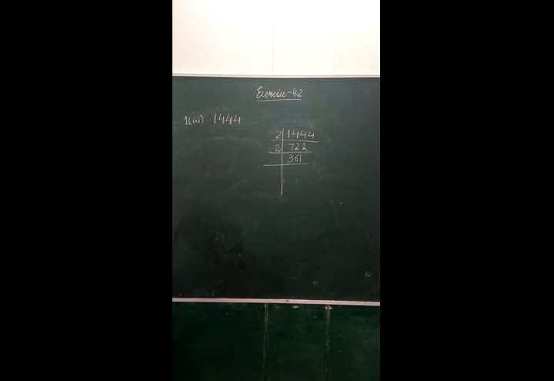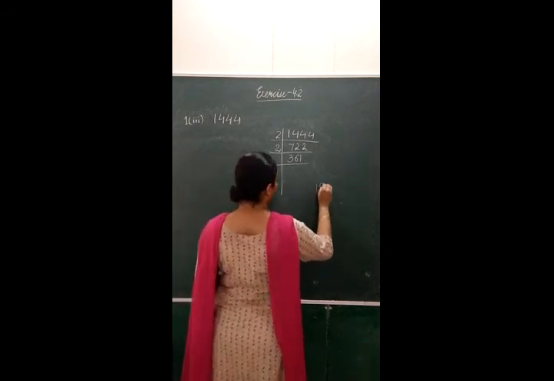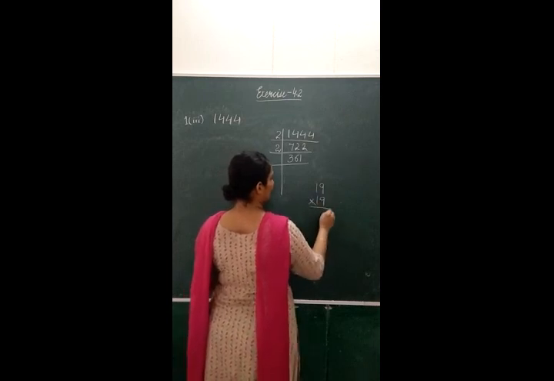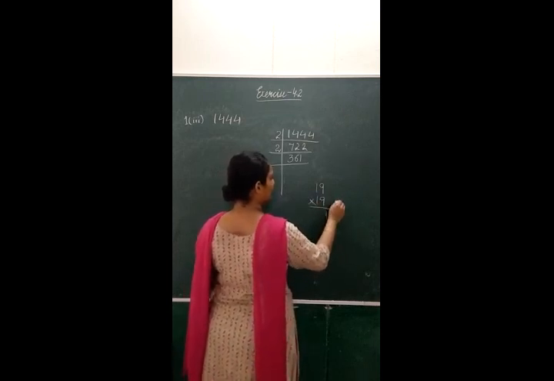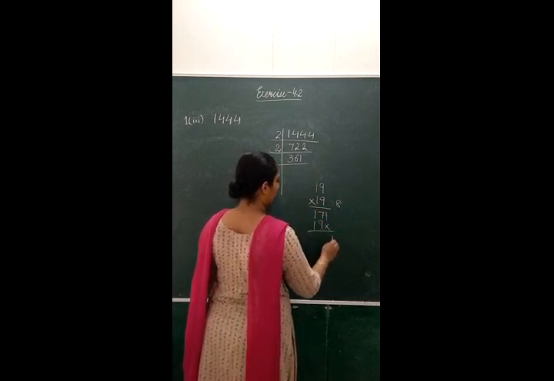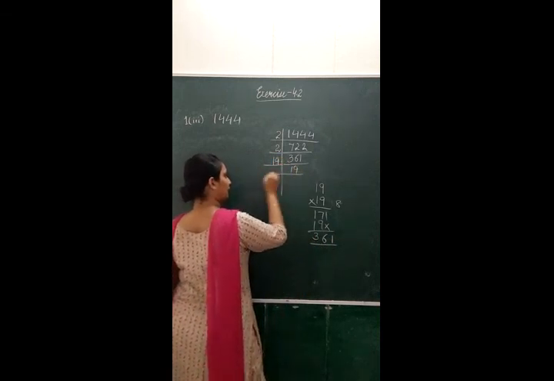So for this you must know the squares of the numbers as well. So now 361 will be the square of 19. You can check it. 9 times 1 is 9, 9 times 9 is 81, 8 carry, 9, 171. 1 times 19, that is 361. That means it is the square of 19.